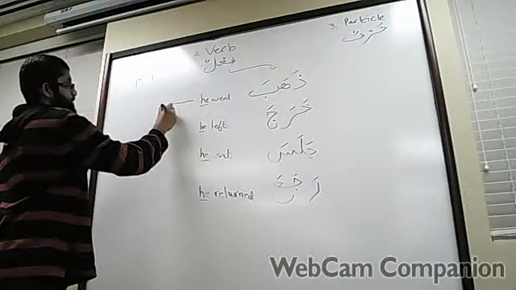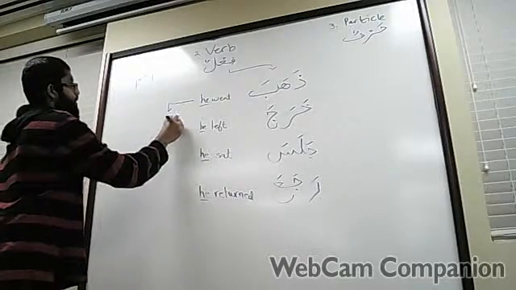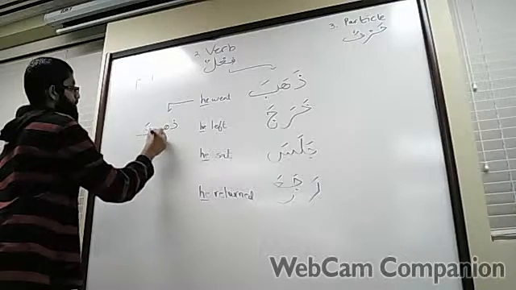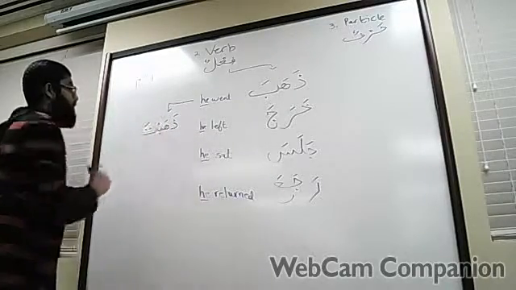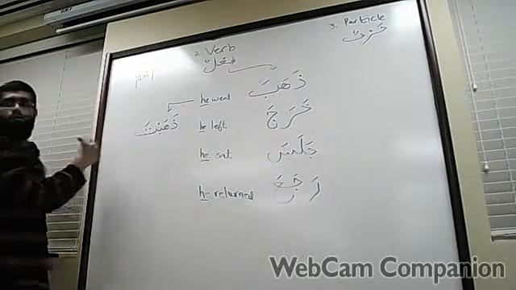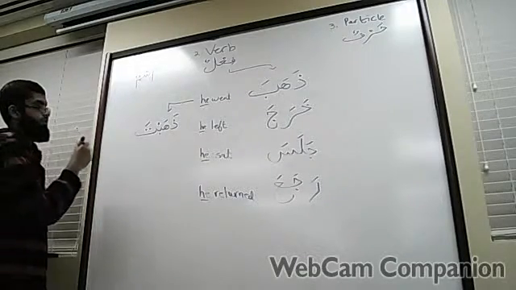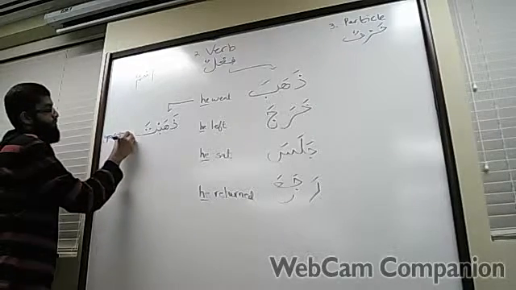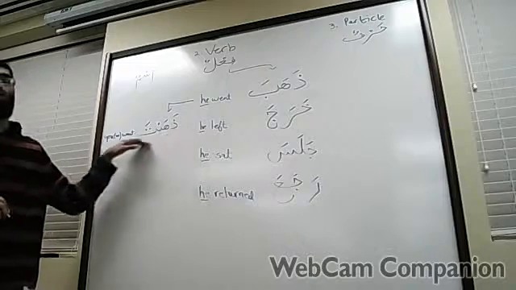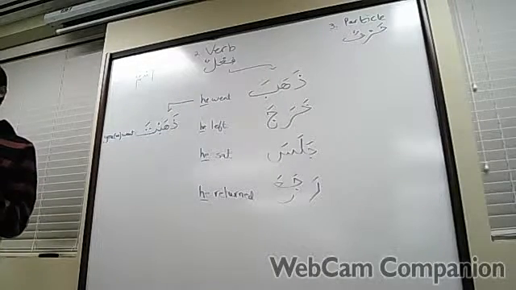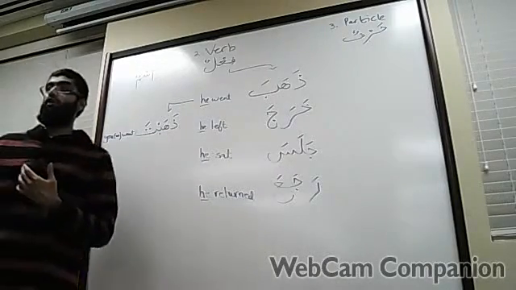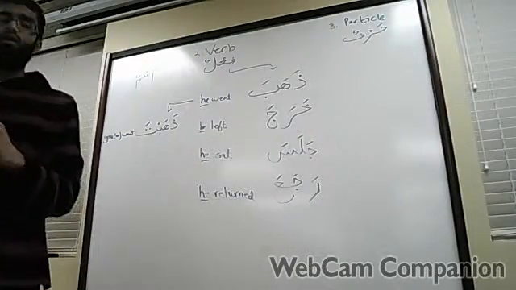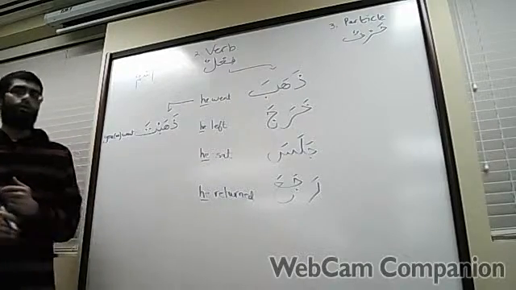So I can change this to second person, and I can say ذهبت, which means you, masculine, went. If I want to say you, brother Anwar, you went to the market, I'm going to say ذهبت إلى السوق. You went to the market.